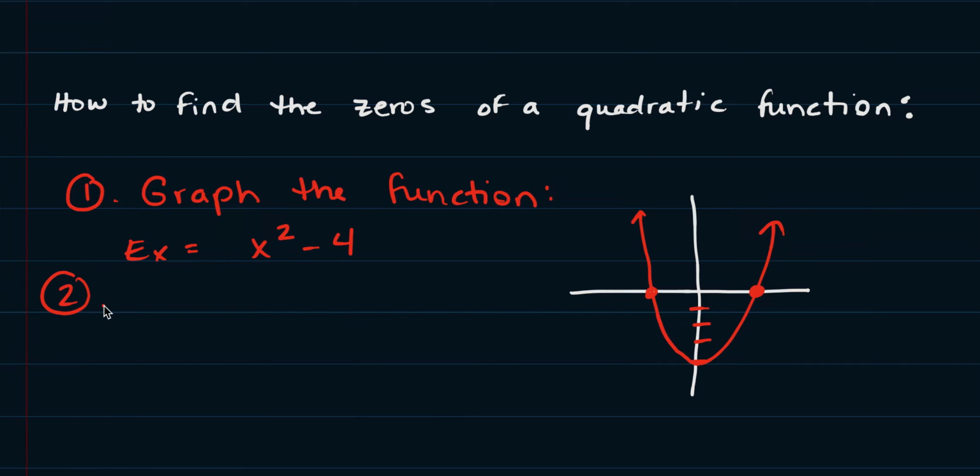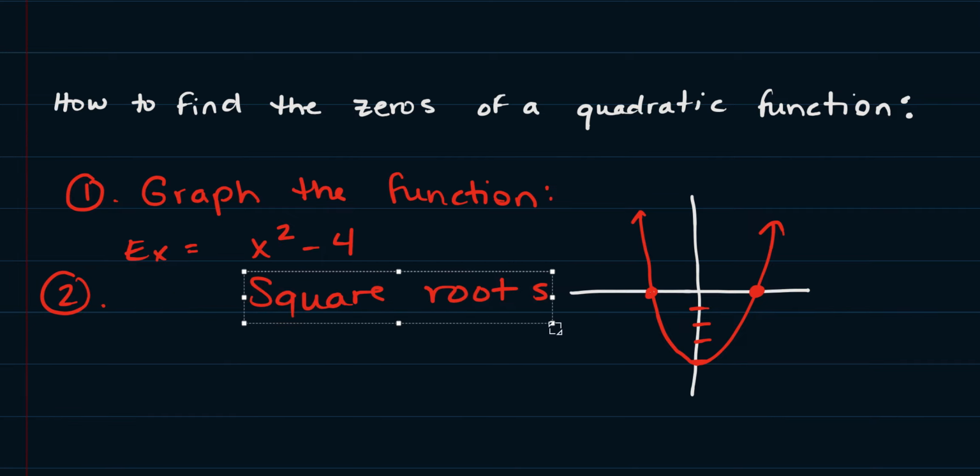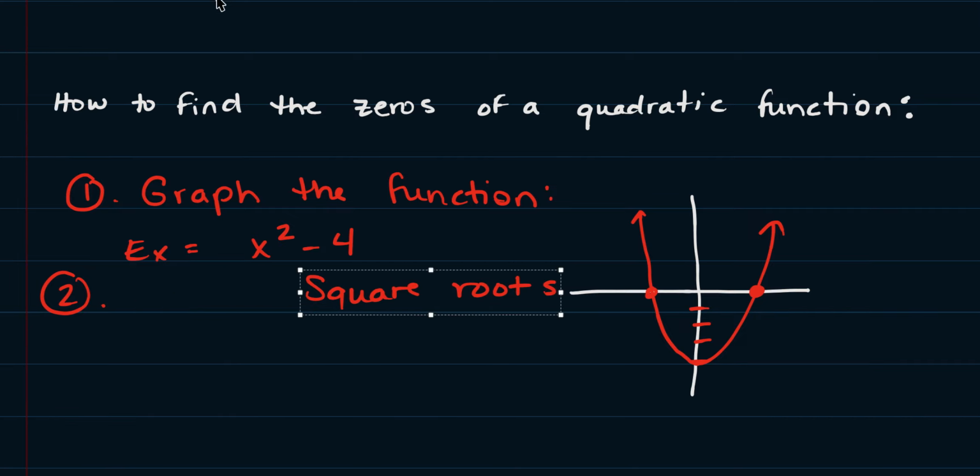The second thing we could do is we can use square roots. Now this is an algebraic way to find the zeros of a function.